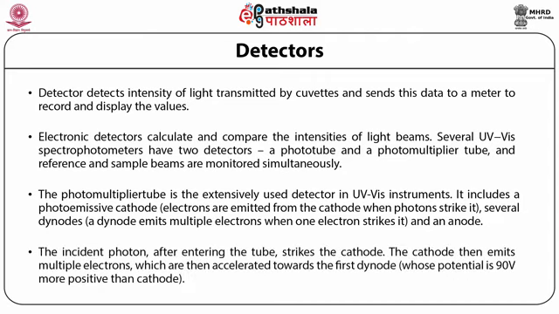So the incident photon, after entering the tube, strikes the cathode. The cathode then emits electrons, which are accelerated towards the first dynode, whose potential is 90 volts more positive than the cathode.